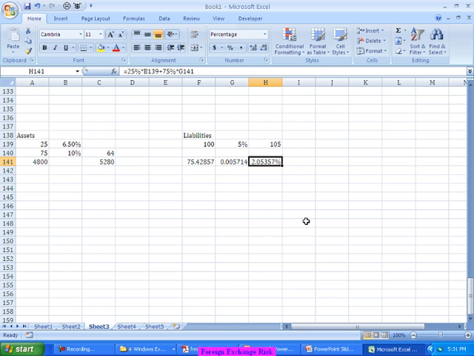I am net at a loss of 3%. See, because my $75 million which I have invested has translated into 4,800 million rupees. After 1 year, it is going to fetch me 5,280 million rupees.